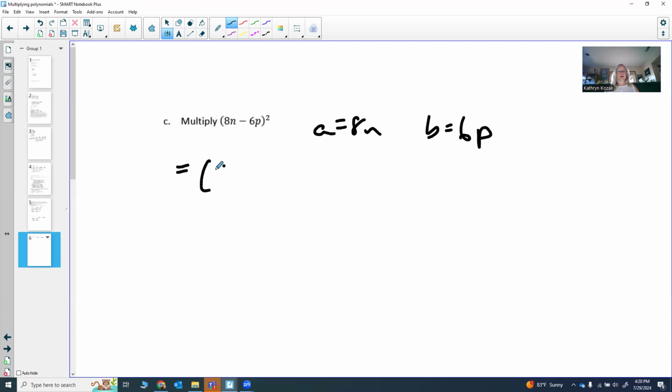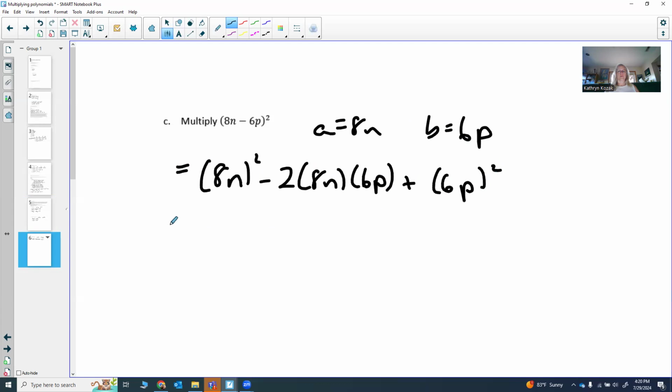So this will multiply out as 8n squared minus, because of the minus sign there, 2 times 8n times 6p, 2 times a times b, plus 6p quantity squared. That's 64n squared minus 96np plus 36p squared.